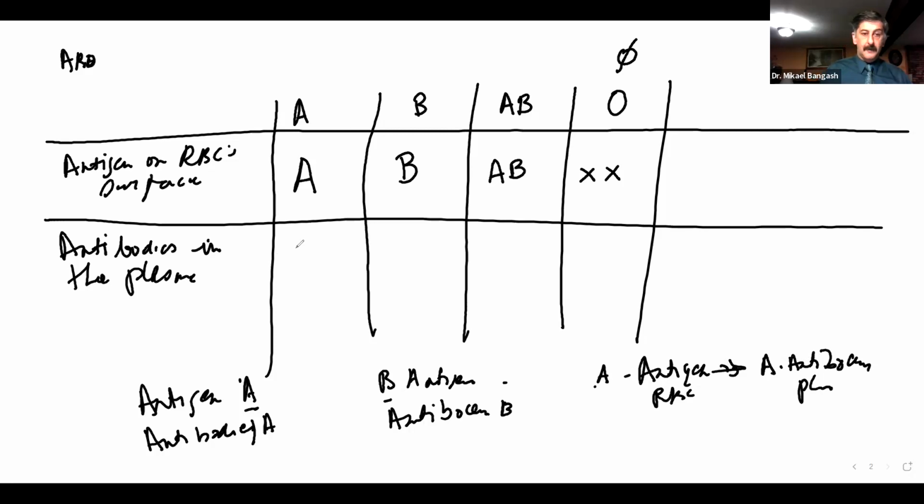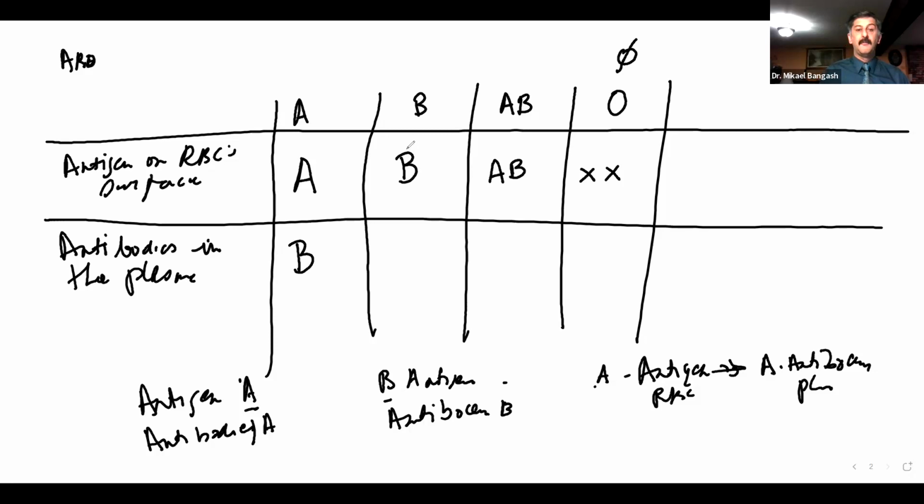So the type of antibody that they find in the plasma is going to be associated with what they call antibody B. Because when the A antigen comes in contact with the B antibody, there will be no reaction. So oppositely, the person with blood group B has the B antigen.